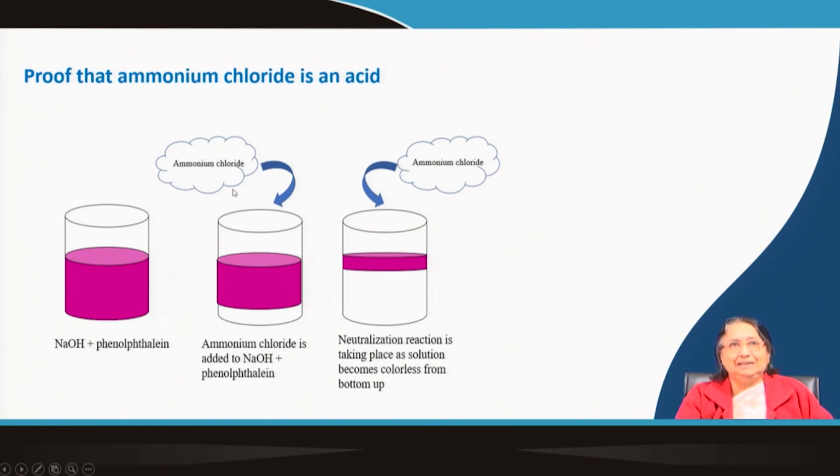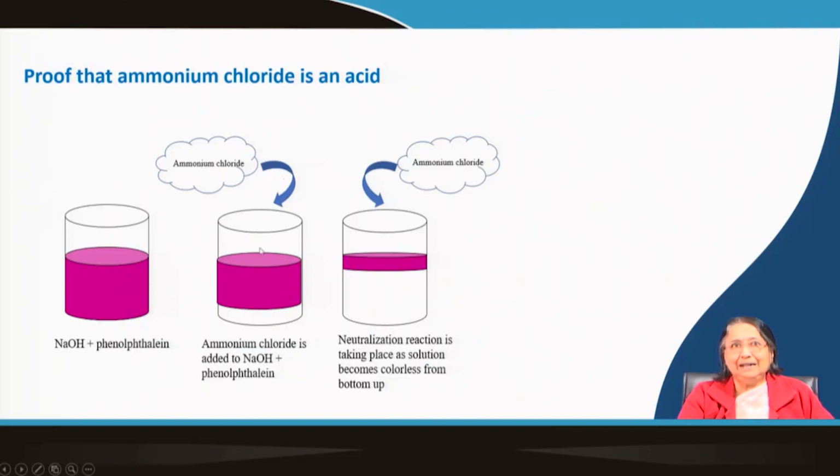So, what we will see? It is a salt. You may think that okay, it will remain the same, but ammonium chloride, I have told you, is a salt of weak base and strong acid, that means ammonium hydroxide and HCl. It is a salt of weak base and strong acid, that means it will behave like an acid. Okay.